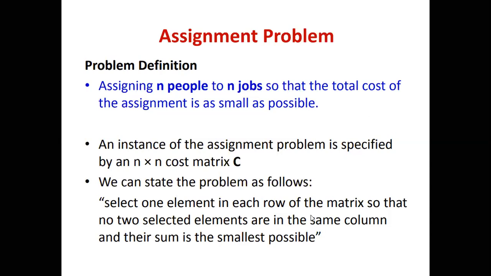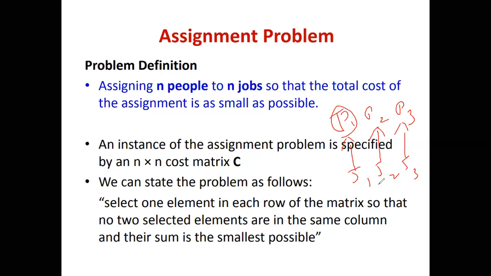Say, for example, if you have three people, P1, P2, P3, and there are certain jobs J1, J2, and J3. We need to assign each individual person with a single job, such that the total cost of the assignment should be as small as possible. Am I clear?